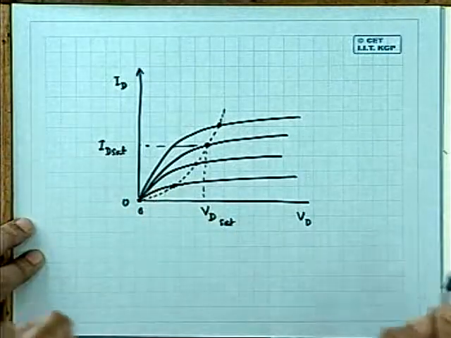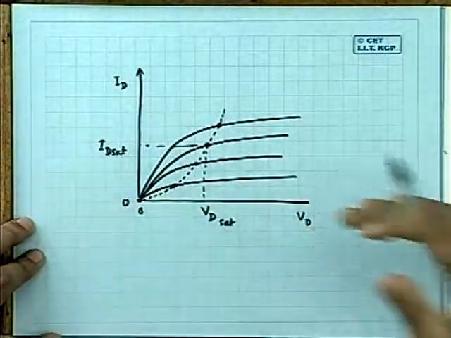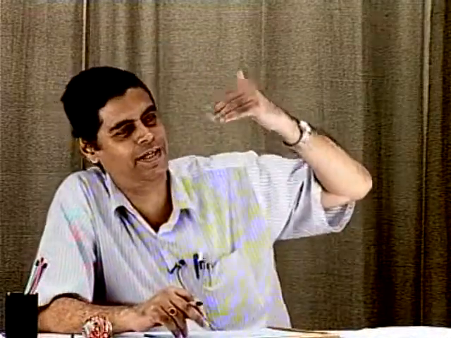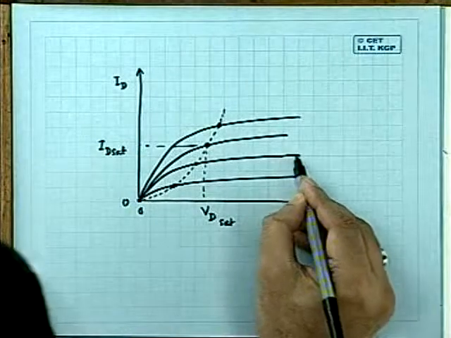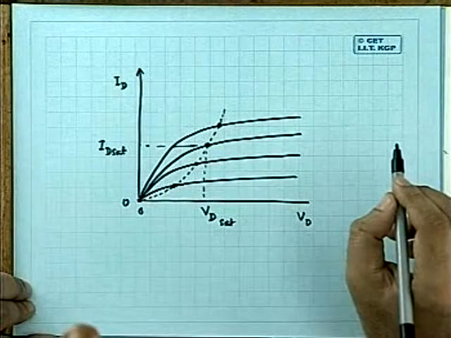All those equations which were derived earlier are valid only up to that VD set. Beyond that, I assumed it constant, and that assumption was based on velocity saturation. So if you use this model, you can get the full curve. And people have found that for at least long channel devices, these curves agree very well with experimental data, much better than the other one.